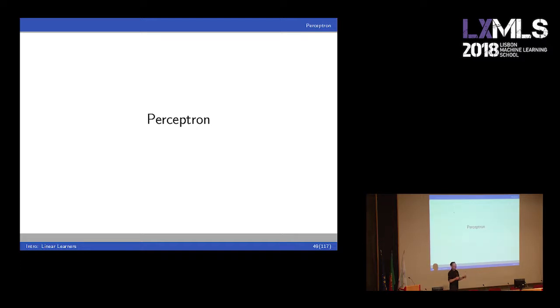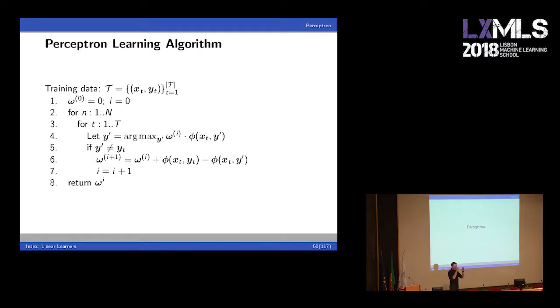The perceptron has been invented really only based on intuition, and the intuition was that we want to figure out for the examples where we make an error, and update our weight vector. Like in line 4, we make a prediction, take the argmax of our linear model, and if the argmax is not equal to our gold standard training data, then we make an error.